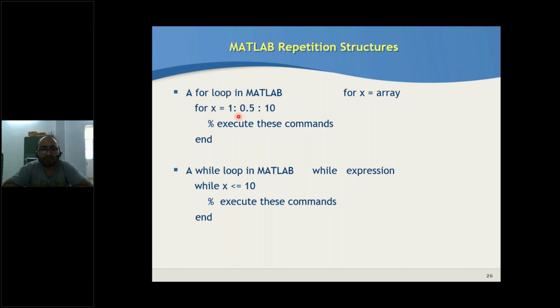This particular statement, for x equals 1 colon 0.5 colon 10, means this loop will run from 1 to 10 with a step size of 0.5. At the first time, the x value will be 1. When these instructions are executed, after that the second iteration will perform, and in that iteration the value of x will be incremented by 0.5.